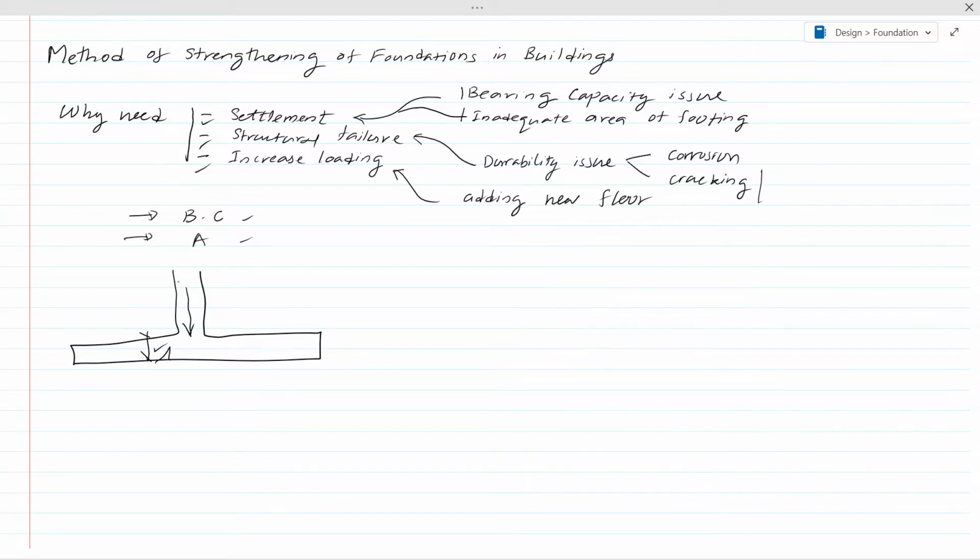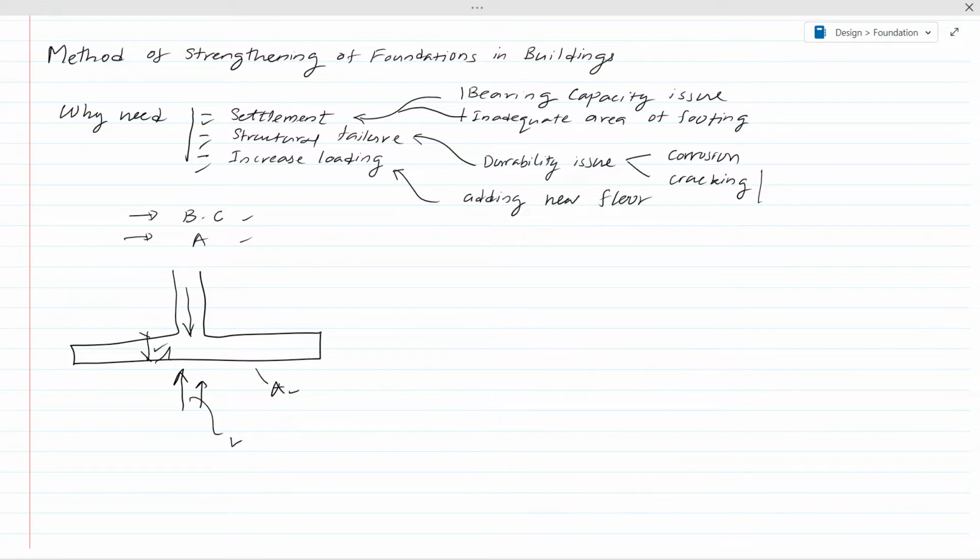In addition, if you increase the load, you now have a certain bearing capacity related to the area of this footing. So if you want to increase the load, the pressure increases. The soil bearing capacity you can't change, but when you apply the load, the pressure under the footing will increase, then it will exceed the bearing capacity and there will be a bearing failure.